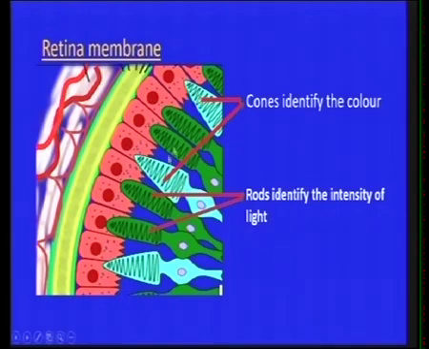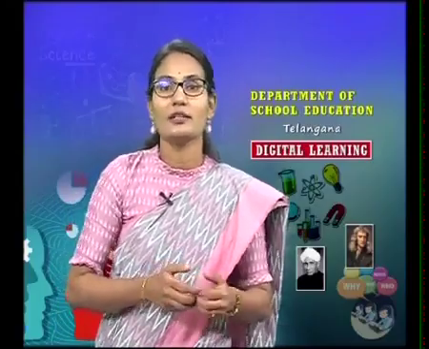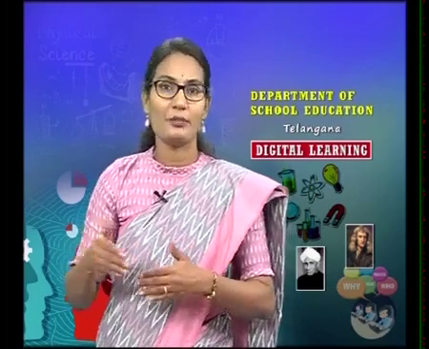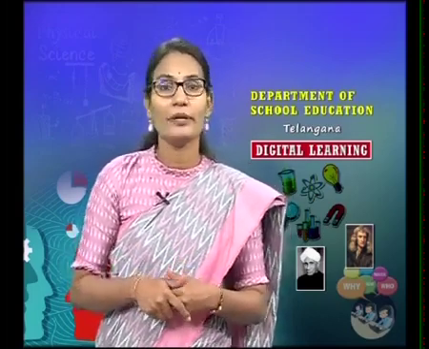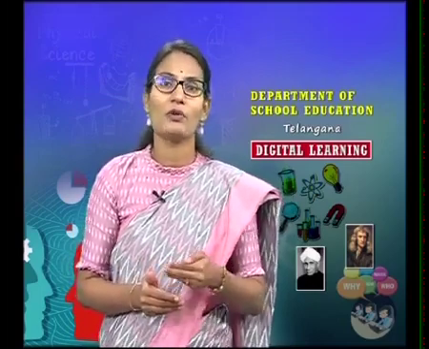These are the cones, and cones identify the color, and the green colored oval shaped ones are known as rods, which identify the intensity of light. These cones and rods receive the signals, and these signals are sent to the brain with the help of optic nerves.